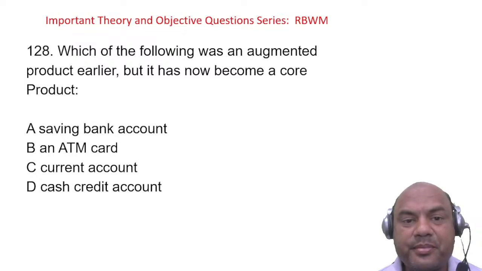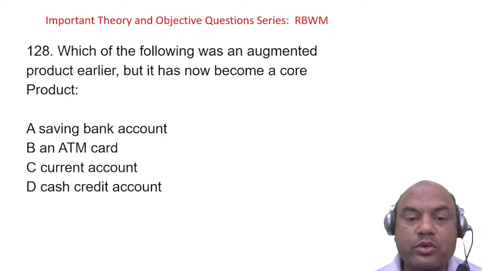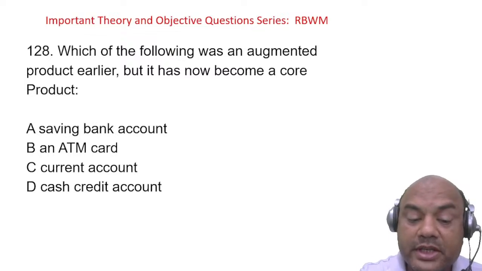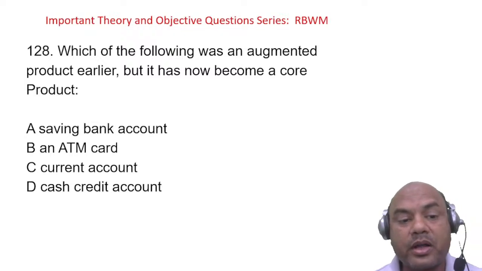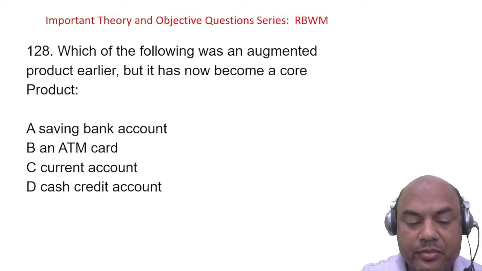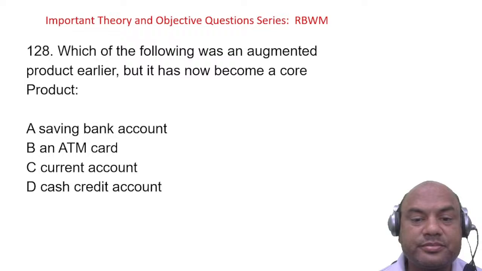Yes, first is core product. Second is augmented product. After augmented product, then what? Comment section, everyone.